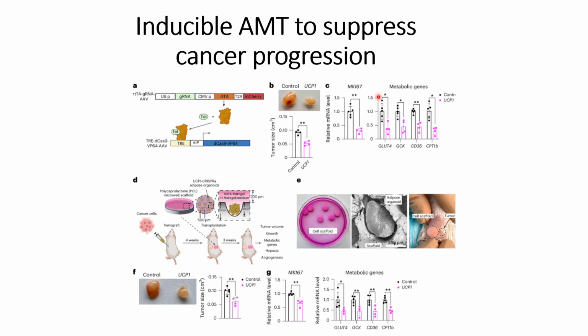And the metabolic genes such as the glycolytic genes, GLUT4 and GCK, also go down, and fatty acid oxidation genes, that is CD36 and CPT1B, also go down in the experimental case where AMT has these UCP1 genes upregulated and is co-transplanted with the tumor cells.